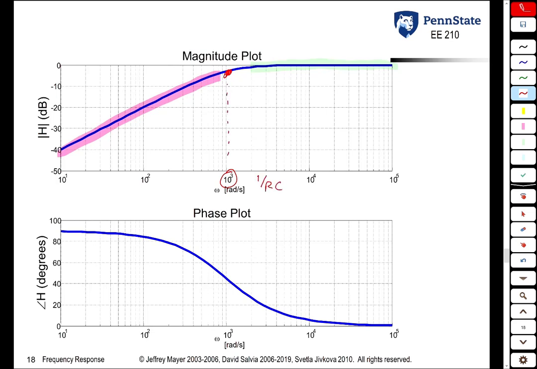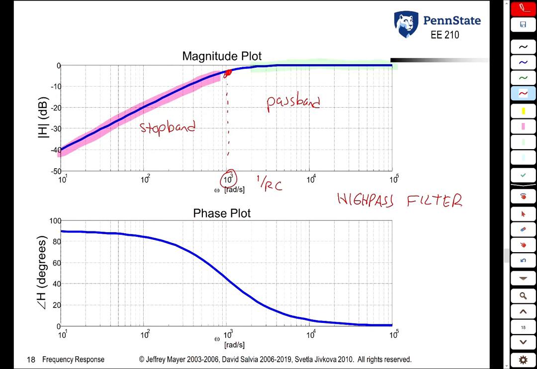That is the boundary between the passband and the stop band. But now, because of the location of the capacitor and the resistor, we see that the passband is to the right of the 1,000 radians per second and the stop band is to the left. So we have, once again, a high pass filter.